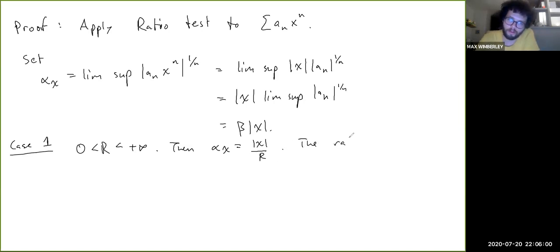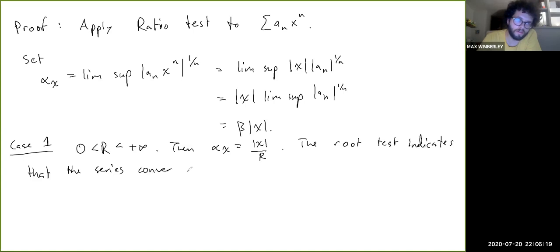And the root test, sorry, not the ratio test, the root test indicates that the series converges if alpha of x is less than 1 and diverges if alpha of x is greater than 1.